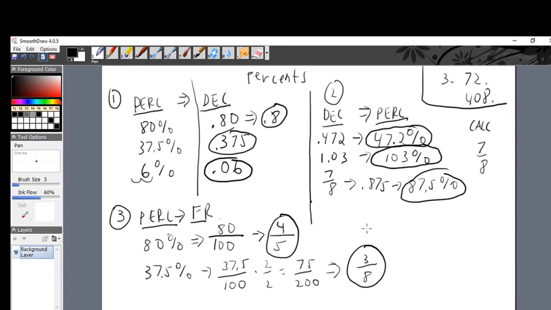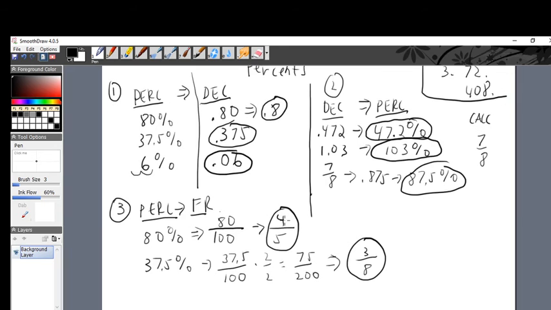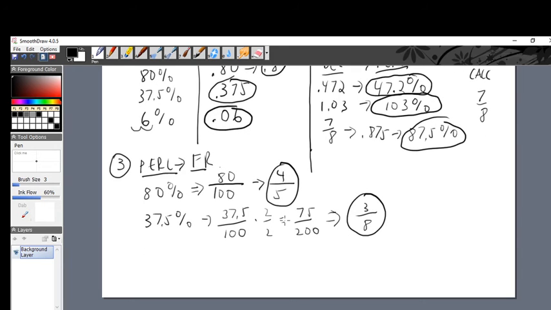Now we go to a word problem. We have to do a couple word problems in percent. I think I have some room for at least one more thing at the bottom of this page. Okay, so problem number 4, word problem. Here's the word problem, roughly speaking.